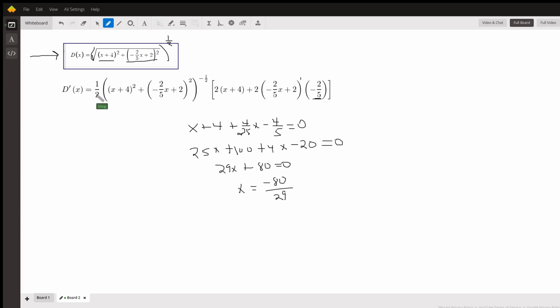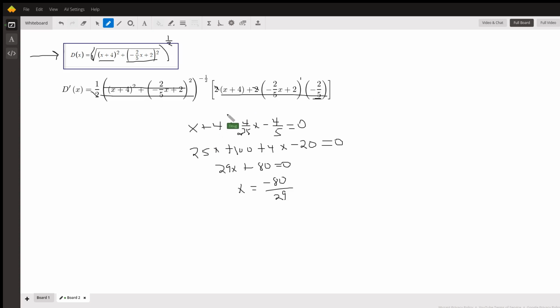And if you rewrite this with this radical in the denominator, you can actually visualize these 2's canceling out. And if you set it equal to 0, you'll multiply both sides of the equation by the square root radical, and you'll just get this part equals 0.